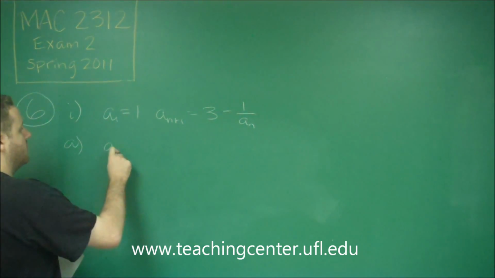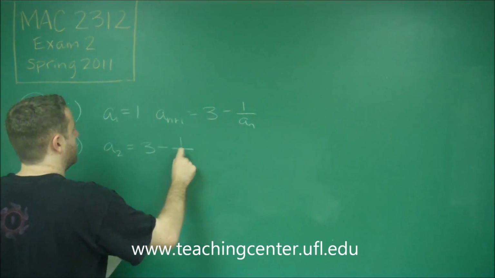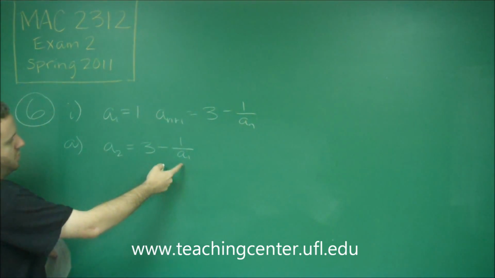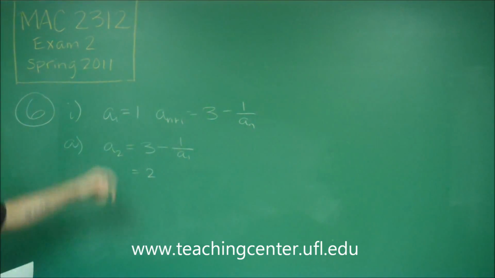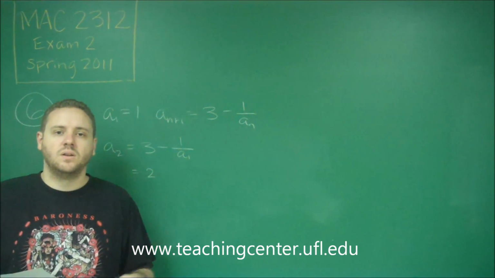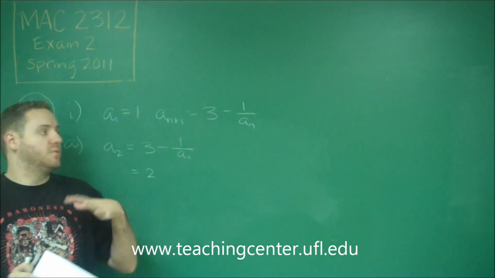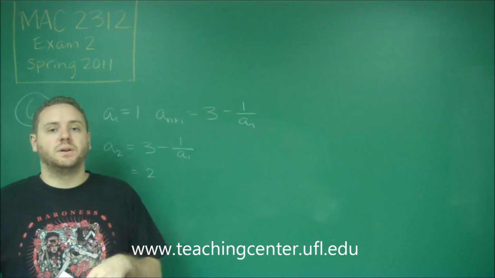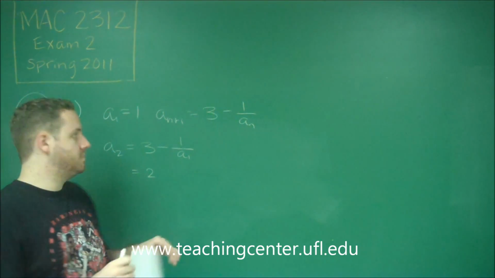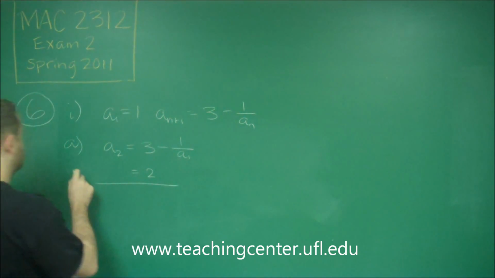So a2, using this formula, is 3 minus 1 over a1, and a1 is 1, so this is 3 minus 1, a2 is 2. Okay, so a2 is clearly bigger than a1. So for mathematical induction, then you need to assume that for some random number k plus 1 is for sure bigger. Then go to the next step. So this is the base case here.